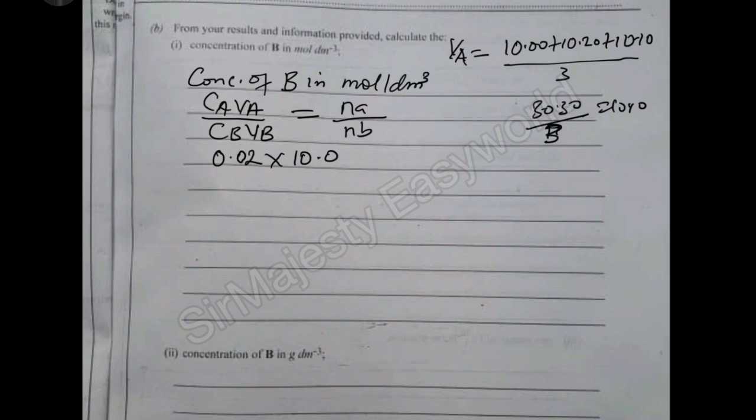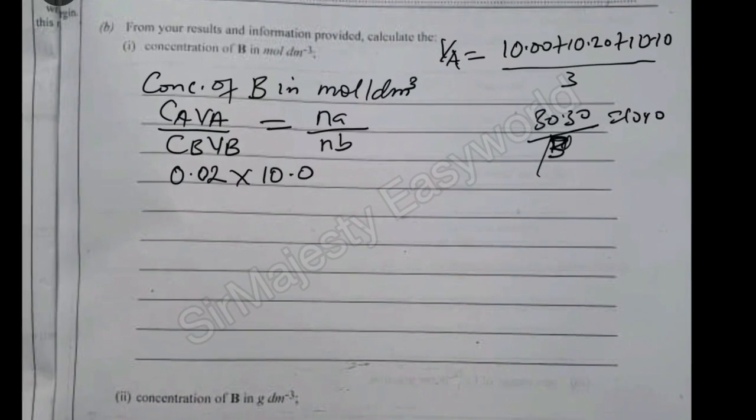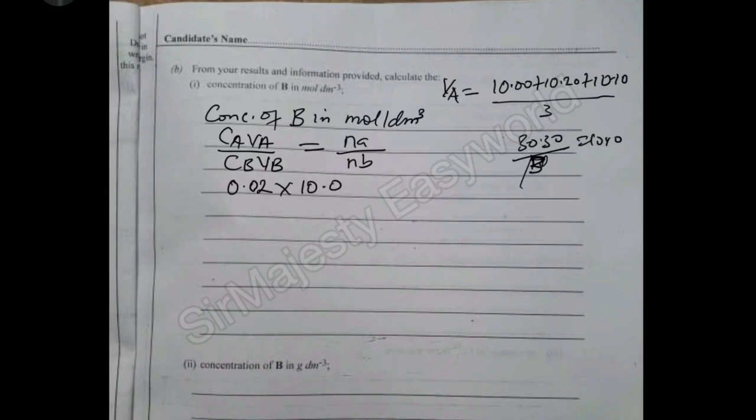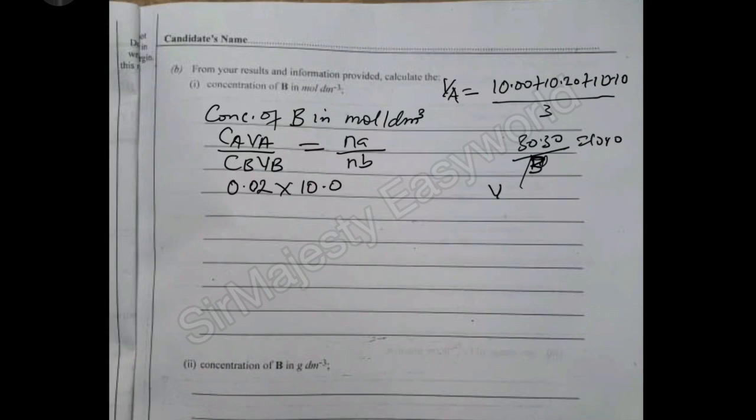So the average volume of our VA should now be 10.10 cm cube. That's what we are told to do. So what I will put here is 10.10.